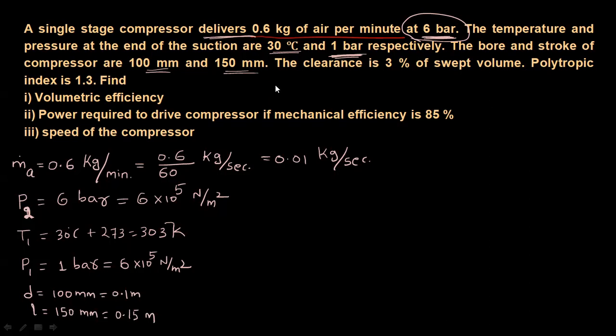Next, the clearance is 3% of swept volume. What do you mean by this? Can anybody tell? What is the meaning of this line? The clearance is 3% of swept volume.